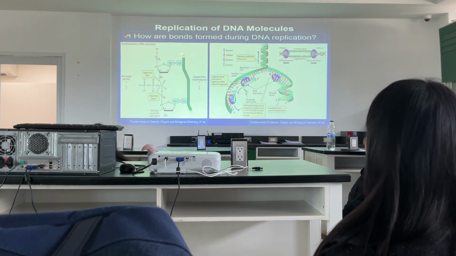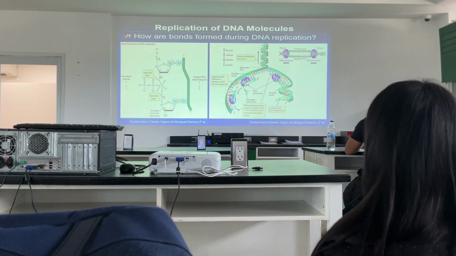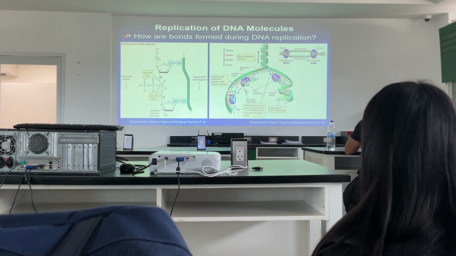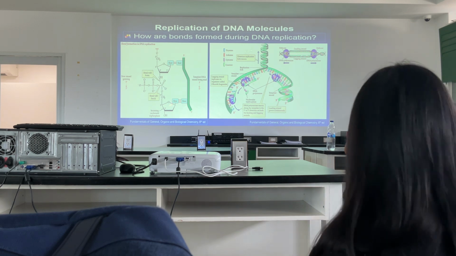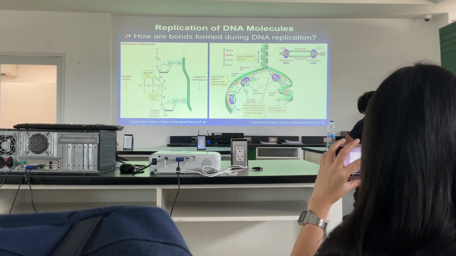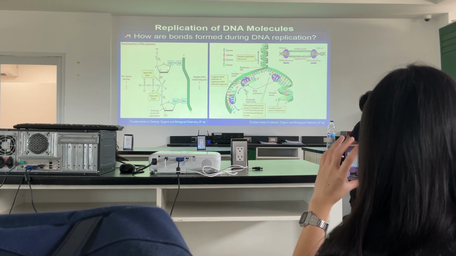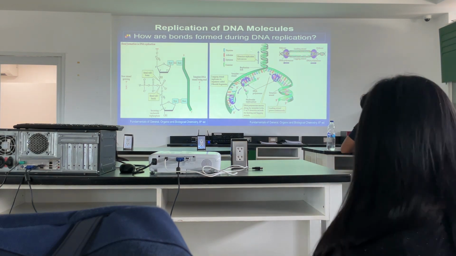So how are bonds formed during DNA replication? This is the new nucleotide triphosphate. When nucleotides are being added to the primer, for example, if this is the primer, it is not a nucleotide.